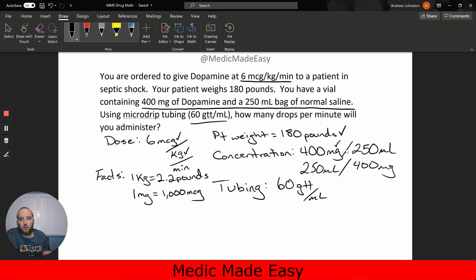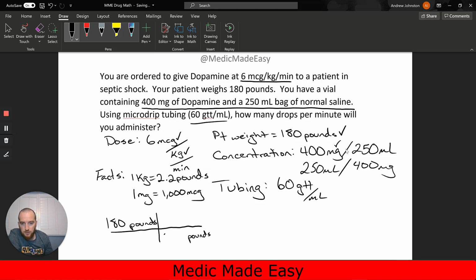So I always start with the patient's weight, when they give it to me in pounds. I have a 180 pound patient. That makes my little boxes. And convert that, I've got kilograms. 1 kilogram equals 2.2 pounds. So if I was going to set this up, I need pounds on bottom so that I can cancel out my pounds on top.